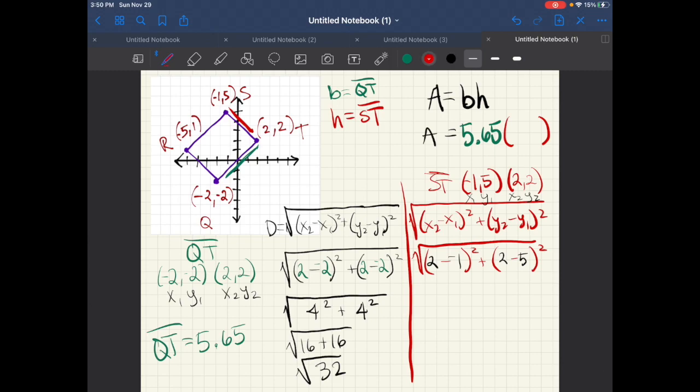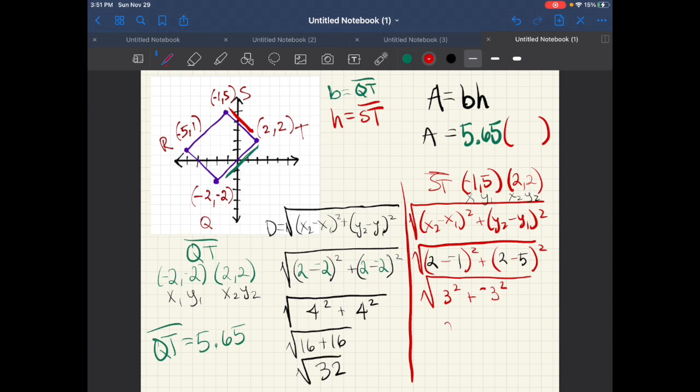So 2 minus a negative, that's going to give us 2 plus 1, minus a negative, the same as plus a positive. So 2 minus -1 is 3 to the second power. And 2 minus 5, if I've got $2 and I want to buy something for 5, I would owe someone $3. I'd be $3 in the hole. So that's -3.